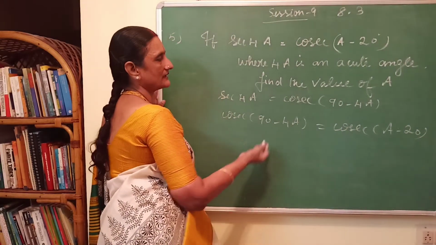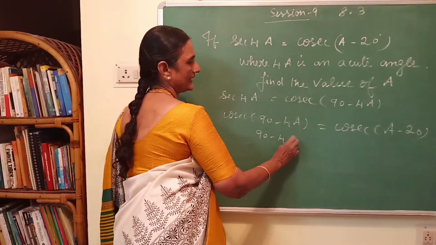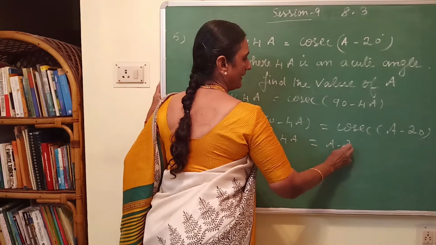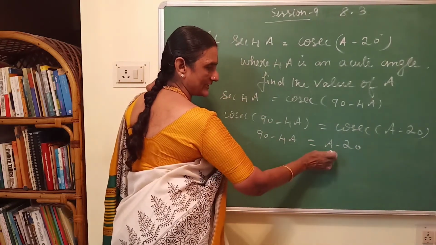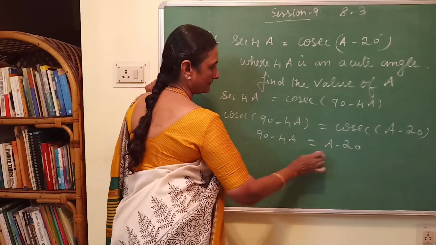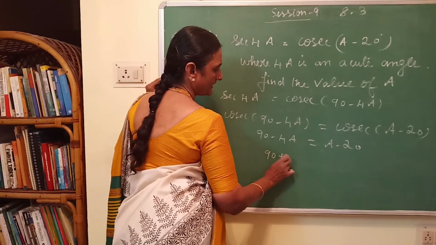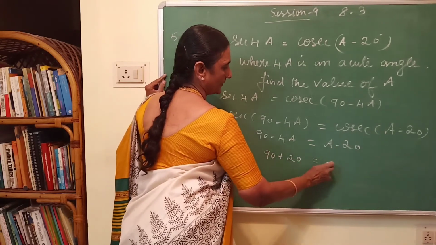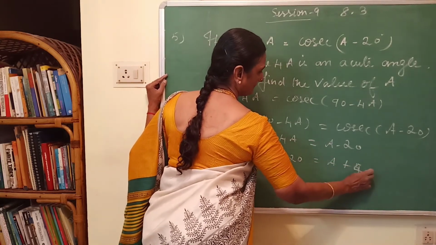Cosecant of both the angles are equal, means the angles have to be equal. 90 minus 4A is equal to A minus 20. Now we have to simplify this equation for getting the value of A. So what I am doing, I am just transposing the negative number here. 90 plus 20 is equal to A plus 4A.